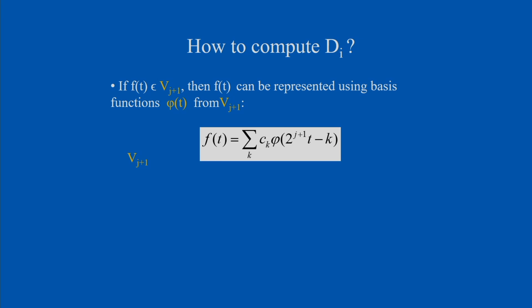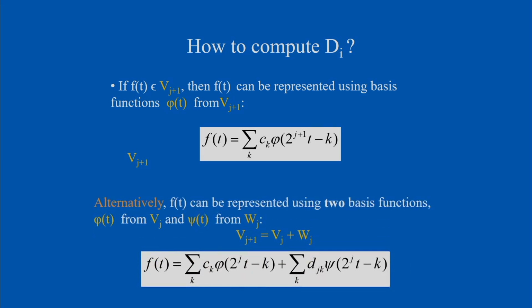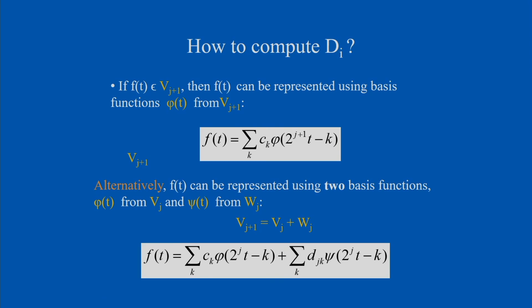If Ft is an element of Vj plus 1, then Ft can be represented using the basis function phi t from Vj plus 1. That concept I am showing here. Ft is represented like this: Ck is the coefficient, and phi 2 to the power j plus 1 into t minus k is the function, the basis function phi t from Vj plus 1.